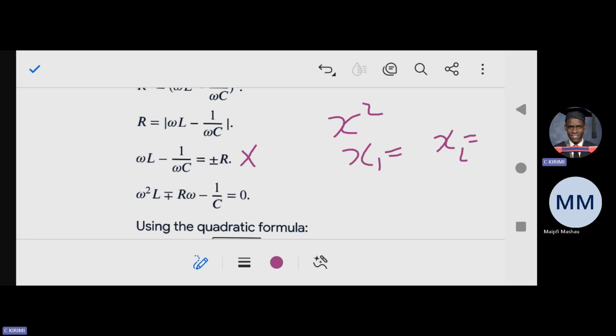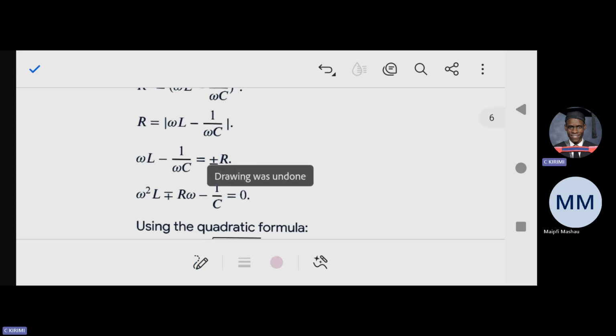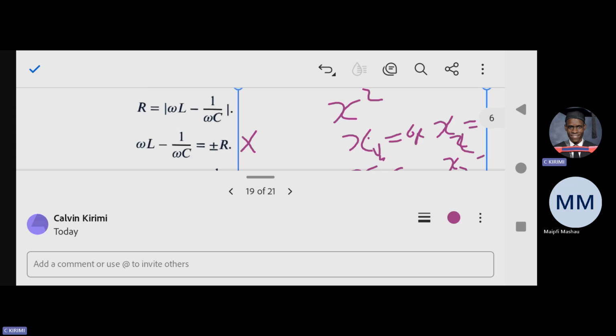But in maths, we just say x is equals to or x is equals to. But now it's physics, they are now being specific. X1 is equals to what? Or another x2 is equals to what? That's all. So here you are just using the same concept of quadratic equation.